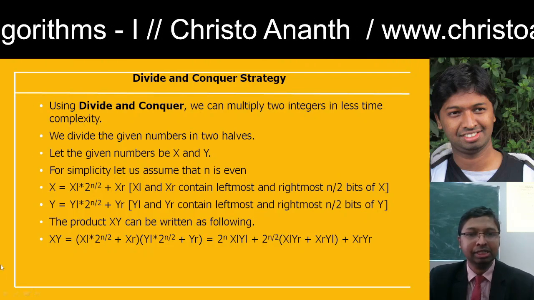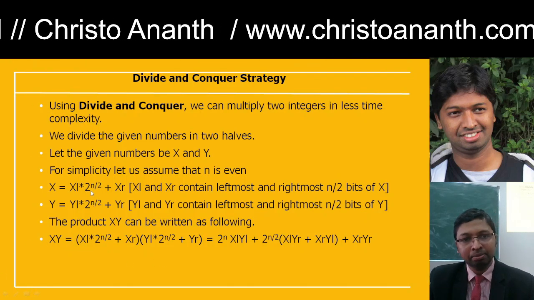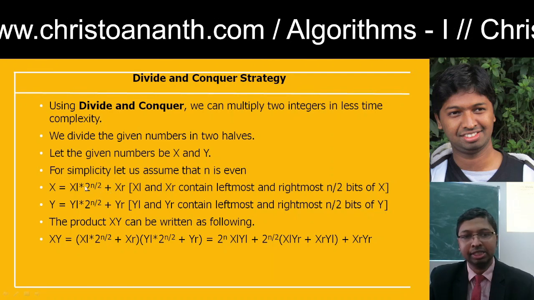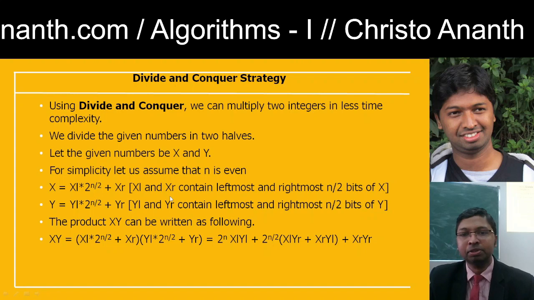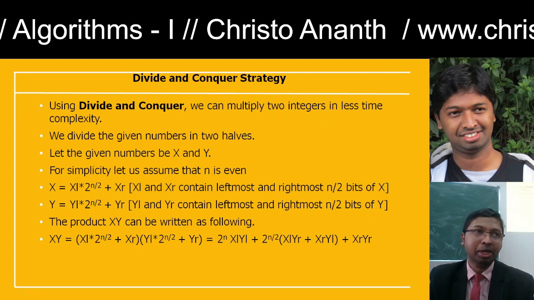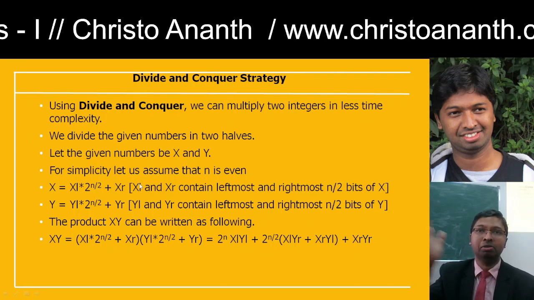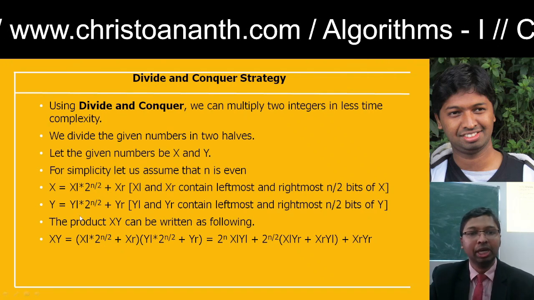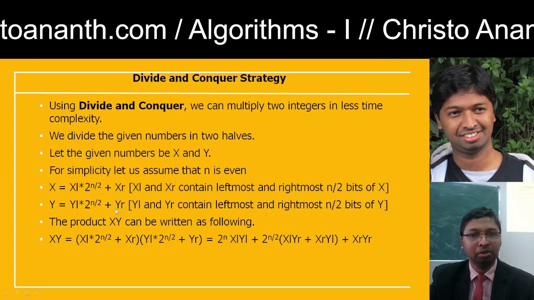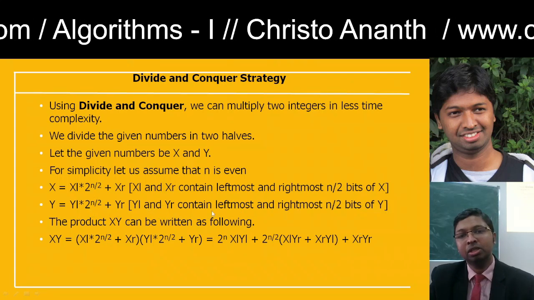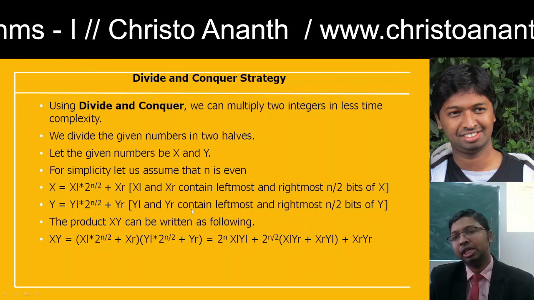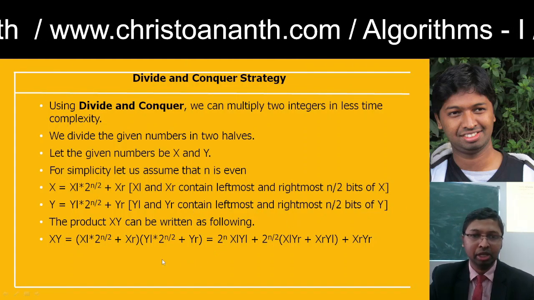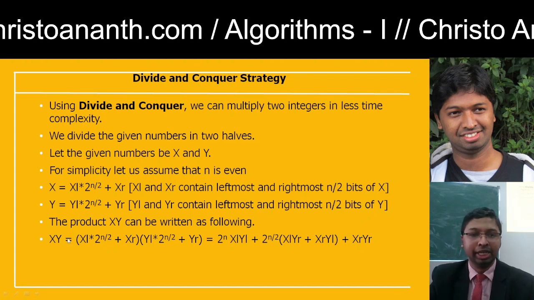Here x is xl multiplied by 2 power n by 2, plus xr, where xl and xr are the leftmost and rightmost n by 2 bits of x. Similarly, y is yl multiplied by 2 power n by 2, plus yr, where yl and yr are the leftmost and rightmost n by 2 bits of y.